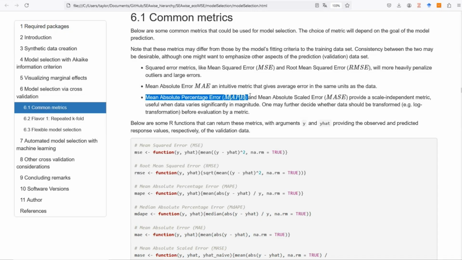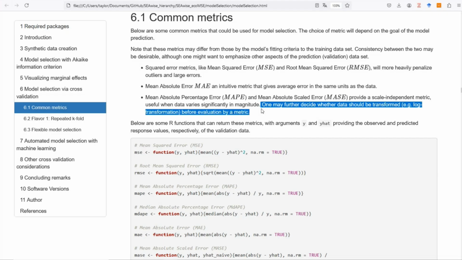Mean absolute percentage error and mean absolute scaled error provide scale independent metrics, and they're useful when data varies significantly in magnitude. And again, one may further decide to calculate these metrics based on log transform data, but that doesn't seem to be as common as I thought it was.